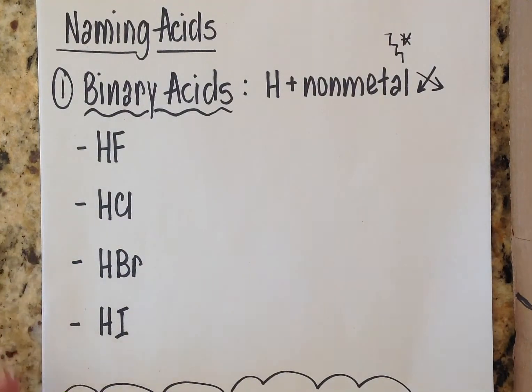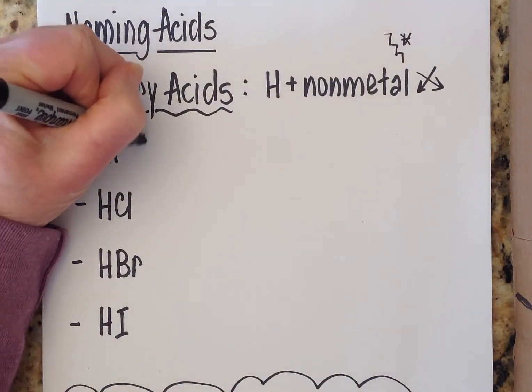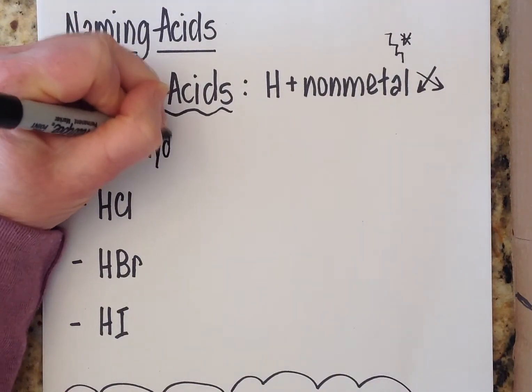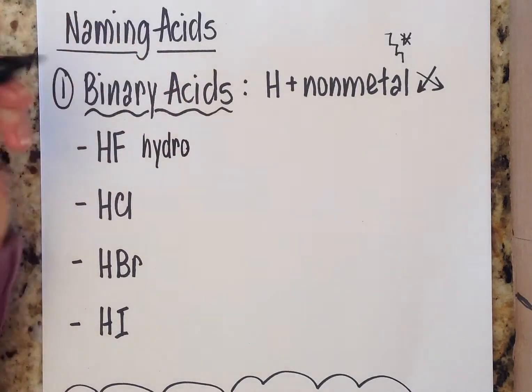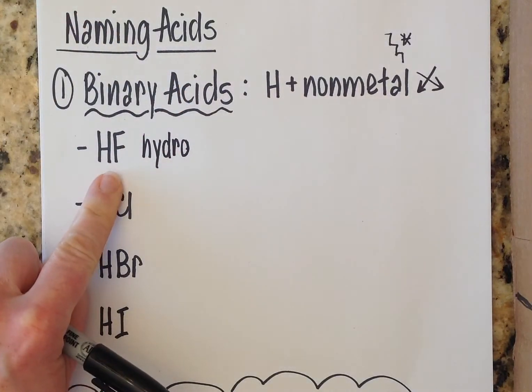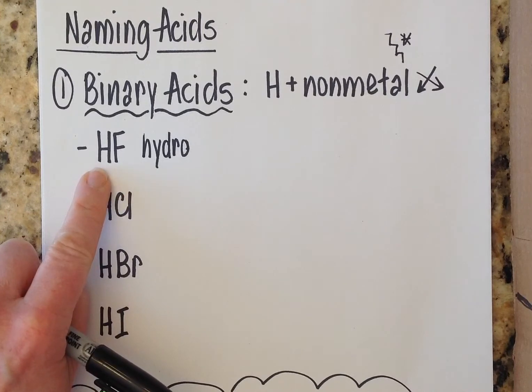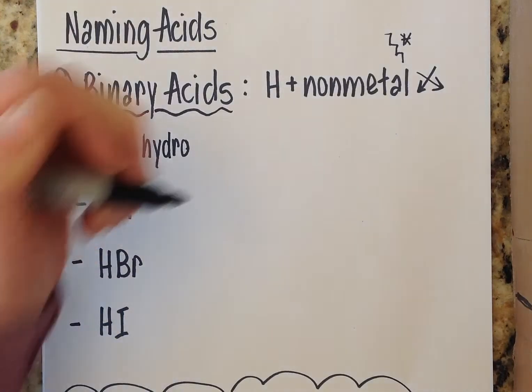So to name a binary acid, you're going to write the word hydro, H-Y-D-R-O, and then you're going to write the name of the element, but you're going to change the ending to ic, I-C. So this would be hydrofluoric acid.